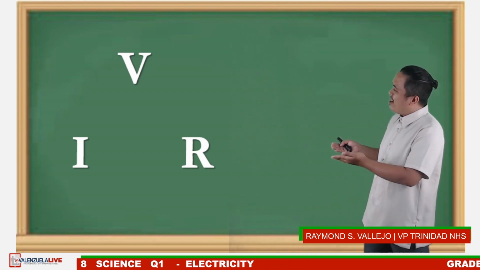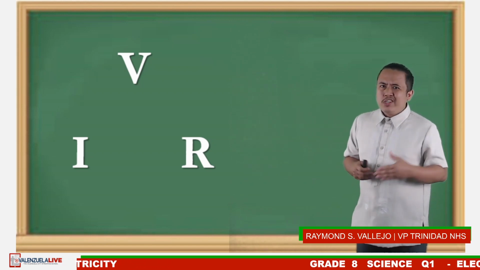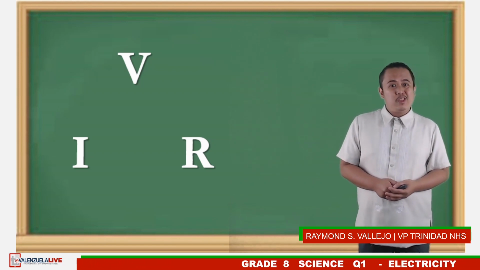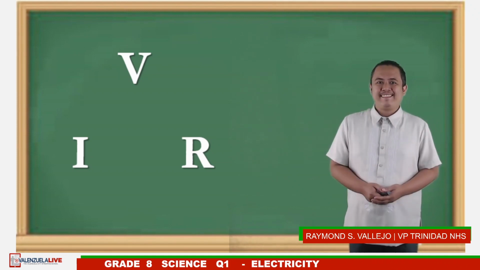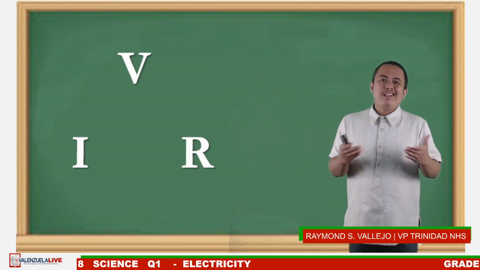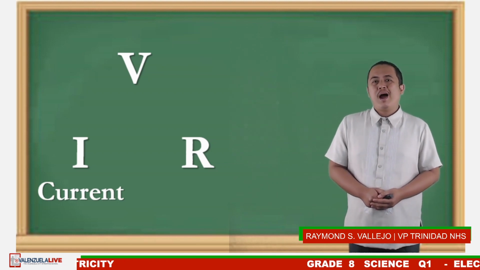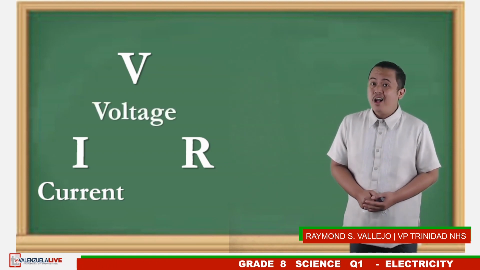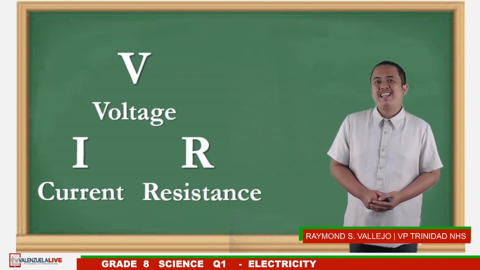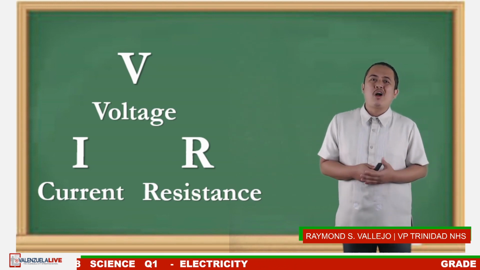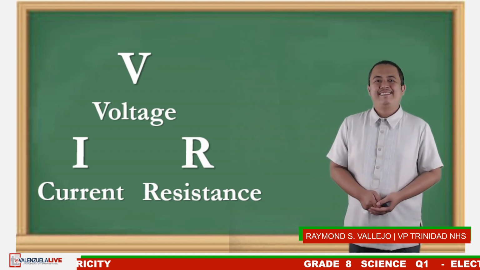Again, we have three letters here: I, V, and R, which is somewhat related to what we are going to talk about today. The correct answers are: I stands for current, V stands for voltage, and R stands for resistance. So we are going to talk about these three measurable properties related to electricity.